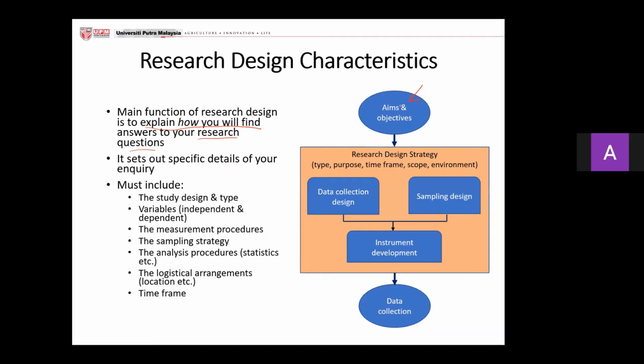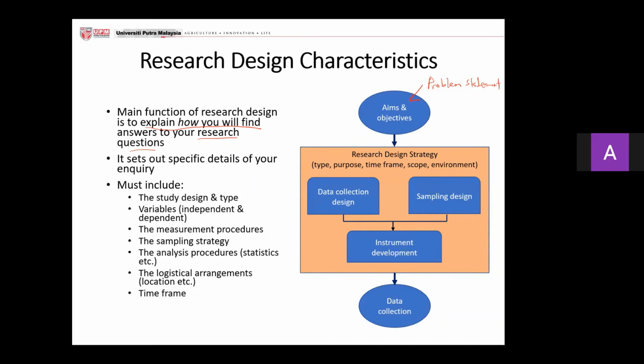So aims and objectives actually come from your problem statement, the one that I mentioned earlier. When you know your problem, you know what you want to do to solve that problem.